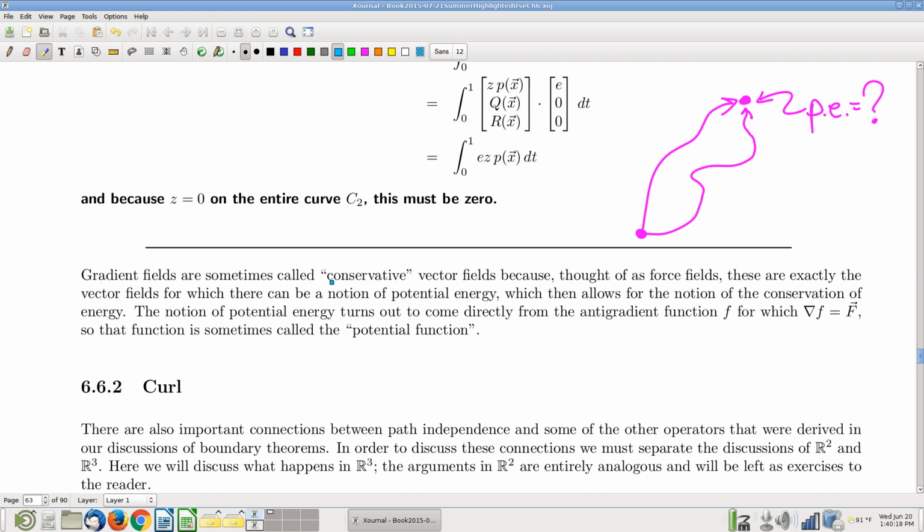These vector fields are sometimes called conservative because of how they relate to conservation of energy. Conservative vector field. Okay. Likewise, the function whose gradient is the vector field, which, by the way, I like to call the anti-gradient.